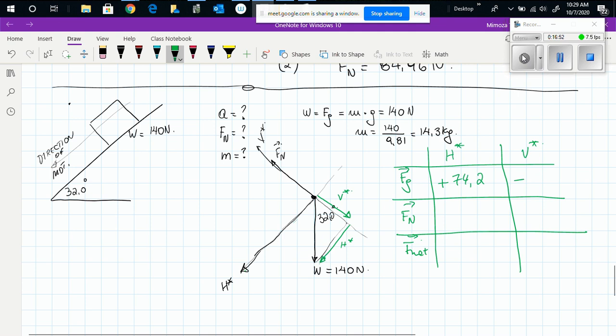Why? Because it is going opposite to the positive new vertical axis that we have assigned. And since it is adjacent, it will be 140 times cosine 32. So it will be negative 118.73 newtons, but let's leave it as 118.7.